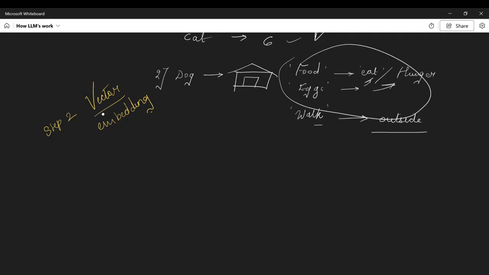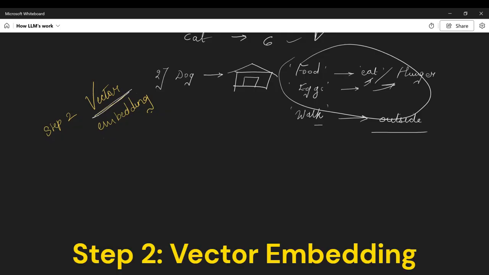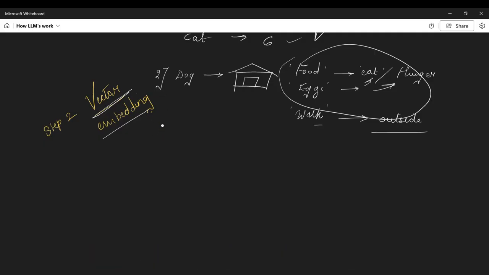And this process of understanding the meaning of words by the dog is called vector embedding in the transformer architecture. Let's take one more example.